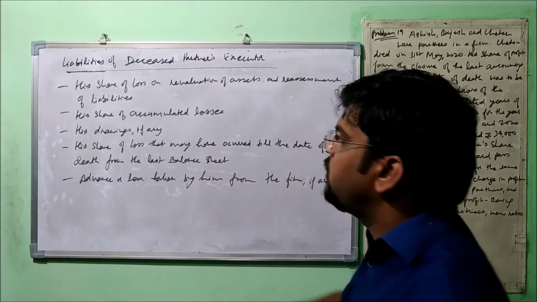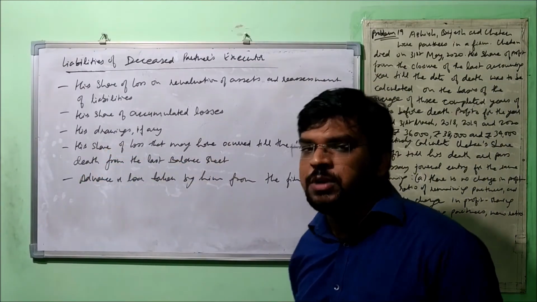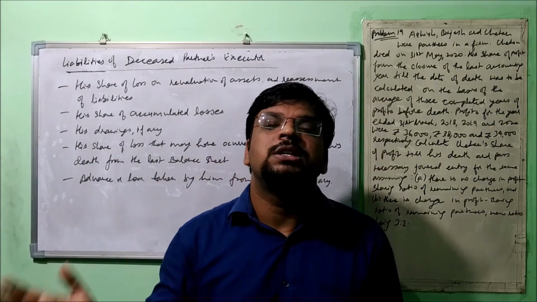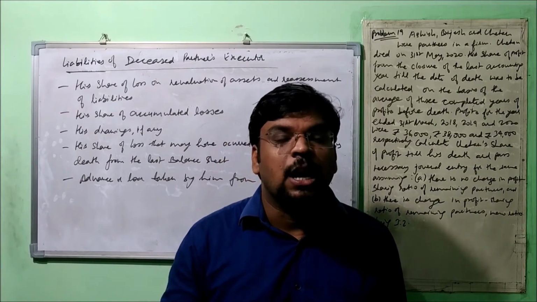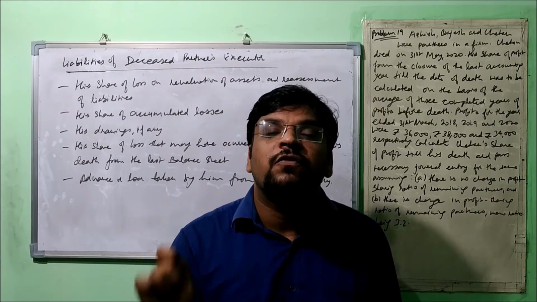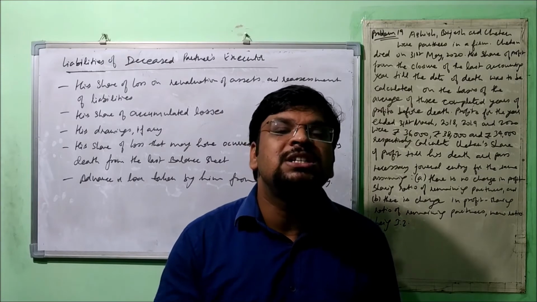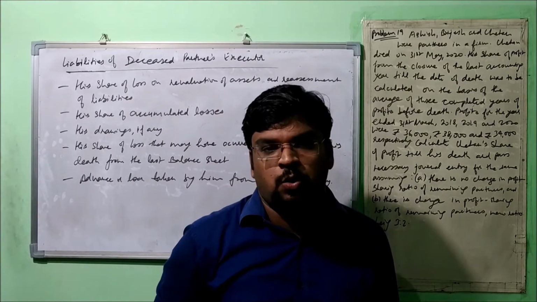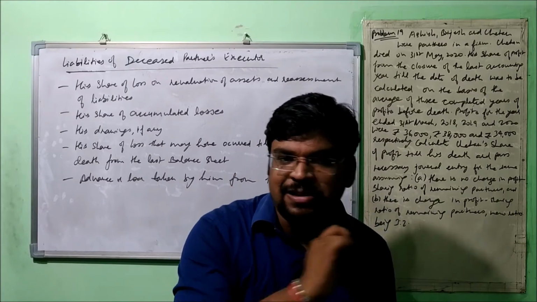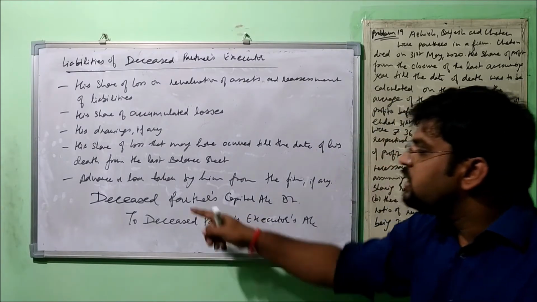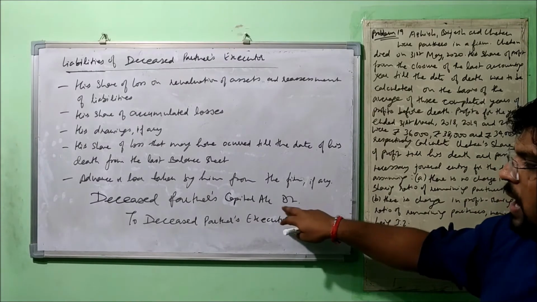After making all the debit and credit adjustments discussed so far in the deceased partner's capital account, we transfer the final balance to the deceased partner's executor's account, and for that one journal entry is passed. The entry is: deceased partner's capital account debit. Why?